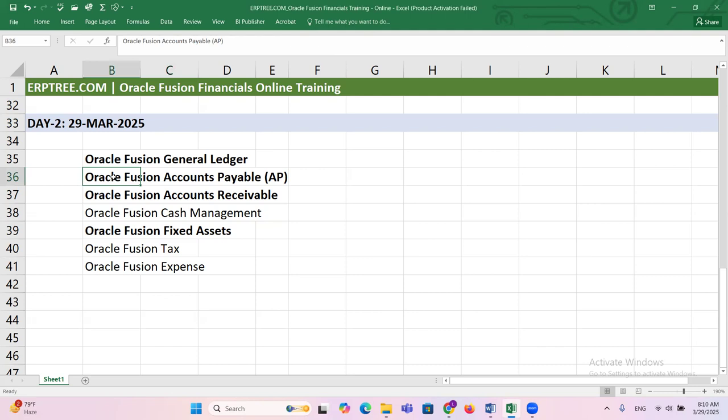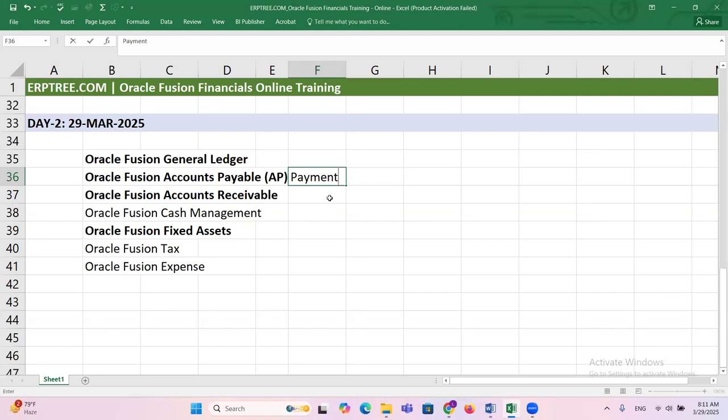So, the accounts payable application. What are we going to learn from this application, or how are companies going to use it? The primary purpose of accounts payable is to make payments. A company buys something from suppliers or other organizations, and they have to make the payment. To make the payment, they need to get an invoice from the supplier. It could be a product or a service.